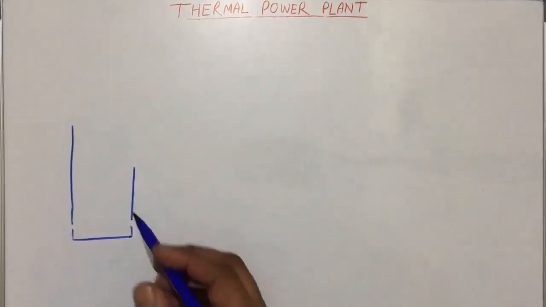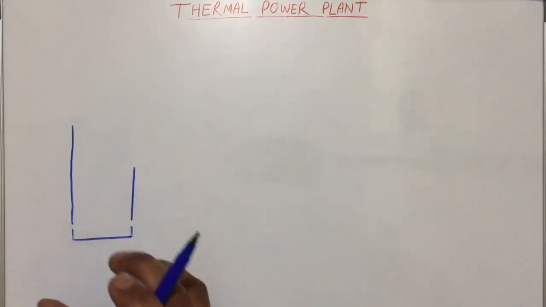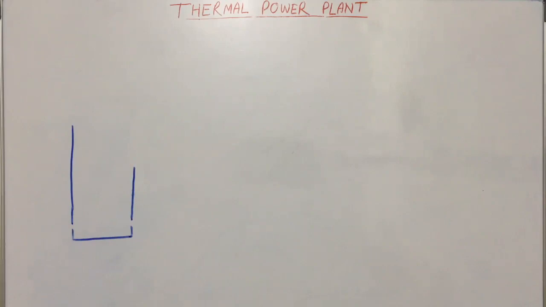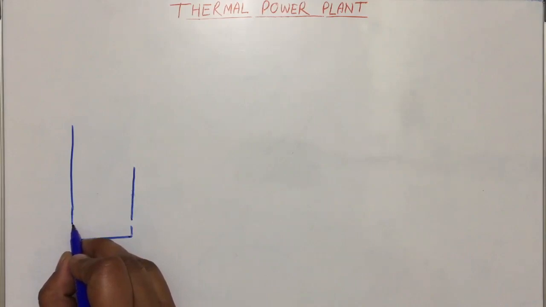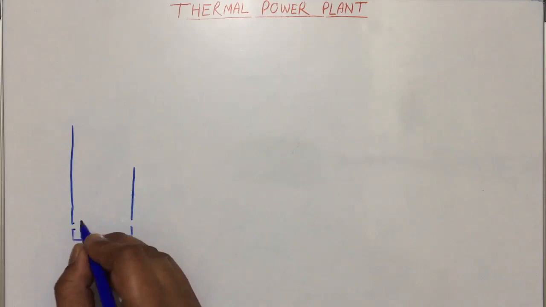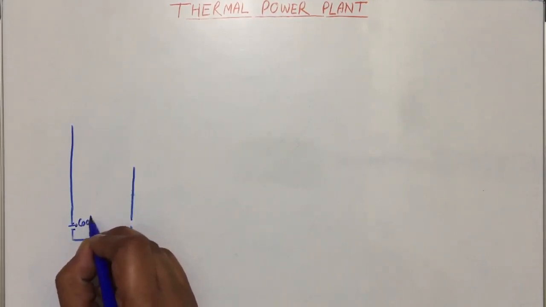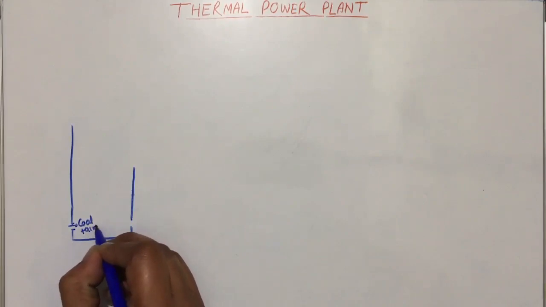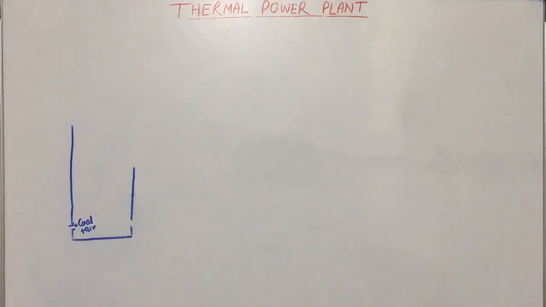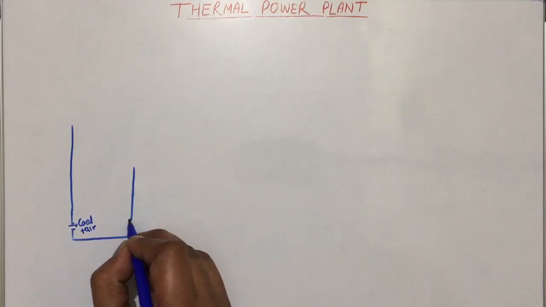If the coal is placed in a solid form, then complete burning may not be there. So to ensure complete burning, the coal is pulverized and the powder form of the coal is mixed with the air and blown into the combustion chamber.